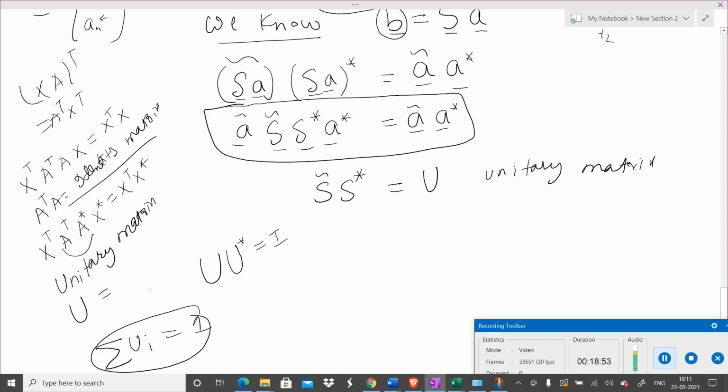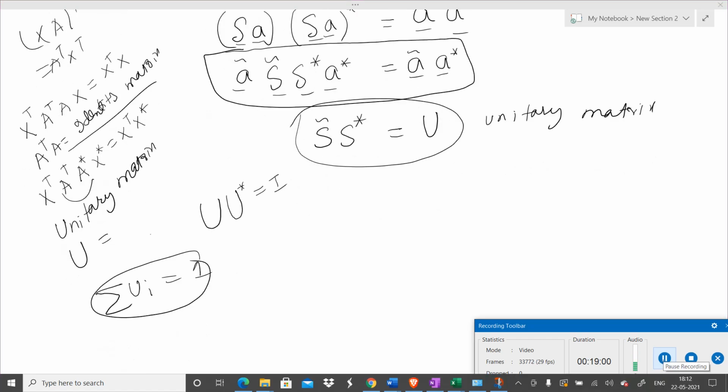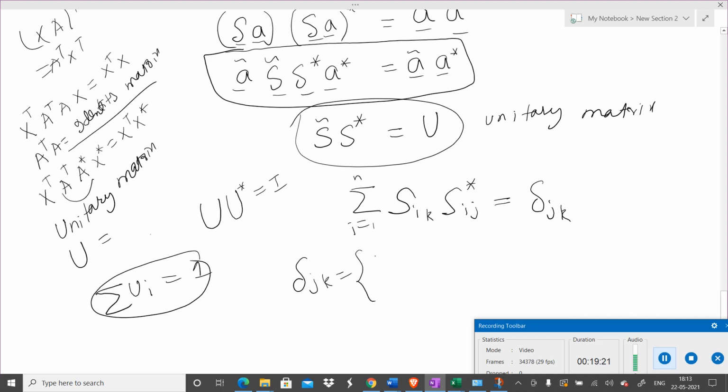Now if we apply that property to this S matrix, we will get the following: the summation over i equal to 1 to n of Sik Sij star will be equal to delta jk. This is the canonical delta function. You know delta jk is 0 whenever j is not equal to k, and is 1 whenever j is equal to k.